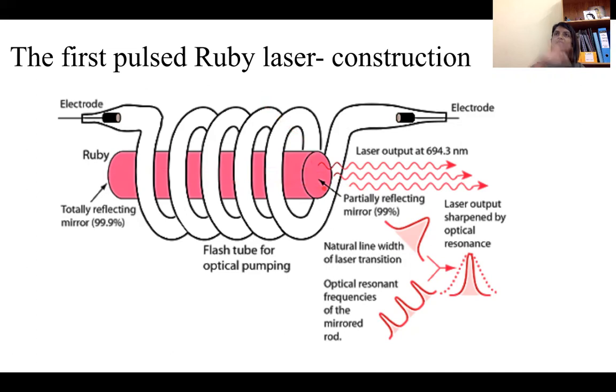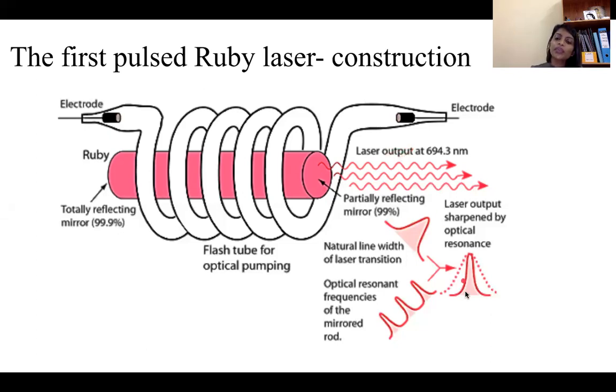They stimulate, they exert an oscillating force on the electrons accumulated on this lasing level or this metastable level, and force them to drop down, because the pumping rate is higher, the electrons are absorbing energy at a higher rate to excite into the higher energy level compared to the stimulated emission. We get a good laser light coming out, and this laser output is around 694.3 nanometers. So this is reddish in color.